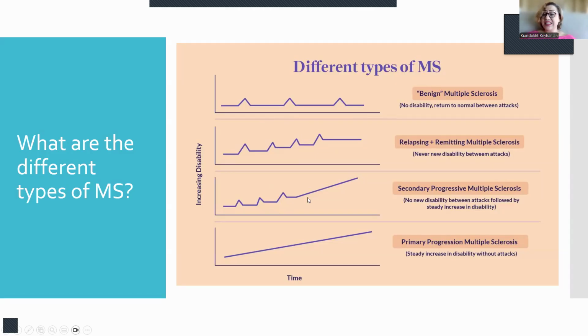The second is to try to stop the progression. As I said again, so far we are not very successful in stopping the progression of the disease, but there are lots of great MS medications that have reduced the number of the attacks. And the primary progressive MS is just a progression of the disability without knowing when it started.